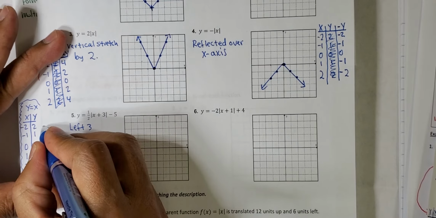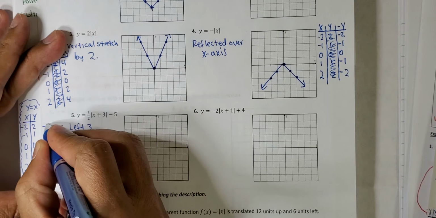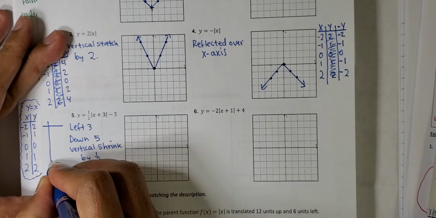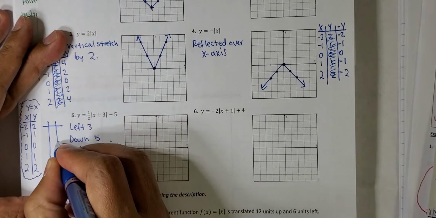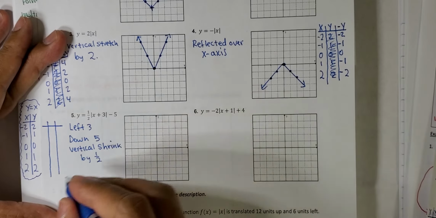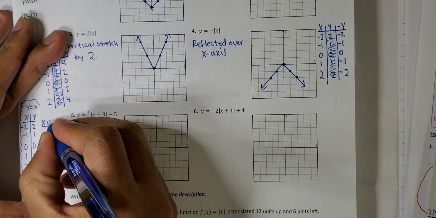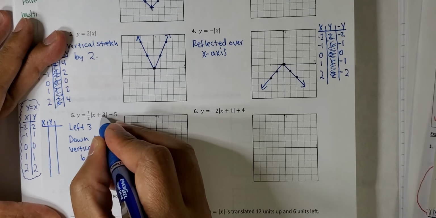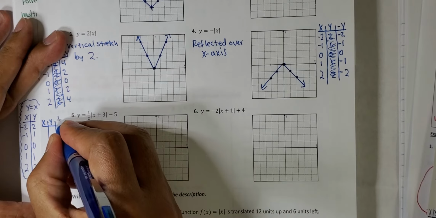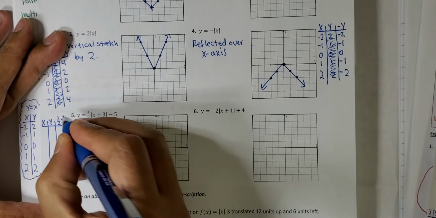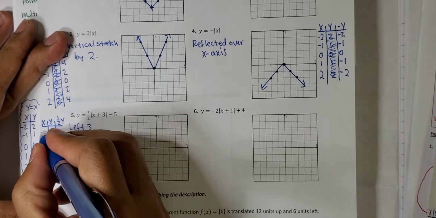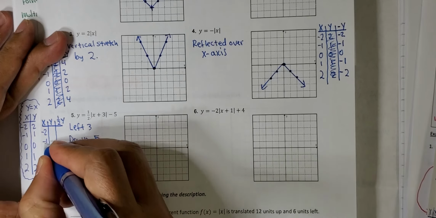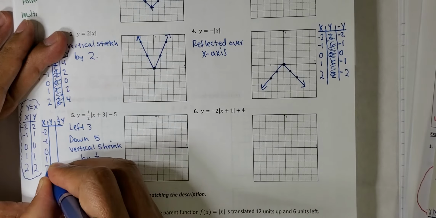Okay, so before I do anything else, I'm going to do the table here. Okay, so I'm going to do the table and then we'll do the graph for this function, applying the transformations. So this is going to be x values, y values, but now since we have a 1/2 in front of the absolute value, that means we're going to take half of the values of y. Okay, so again, -2, -1, 0, 1, and 2.